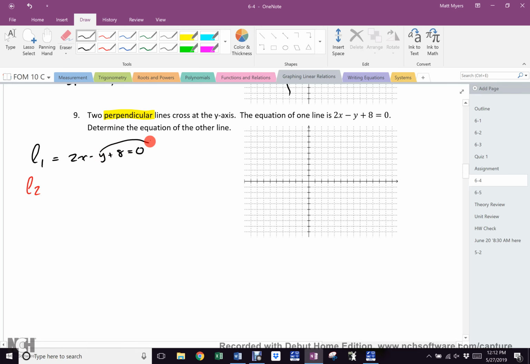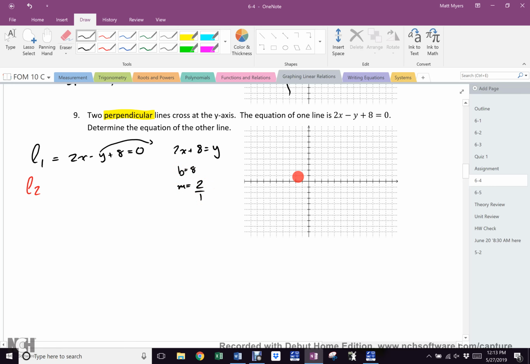So if I move the y over there, what happens to it? I get 2x plus 8 equals y. Is y by itself? So what do I know about line 1 now? B equals 8. And what's my slope? 2 over 1.